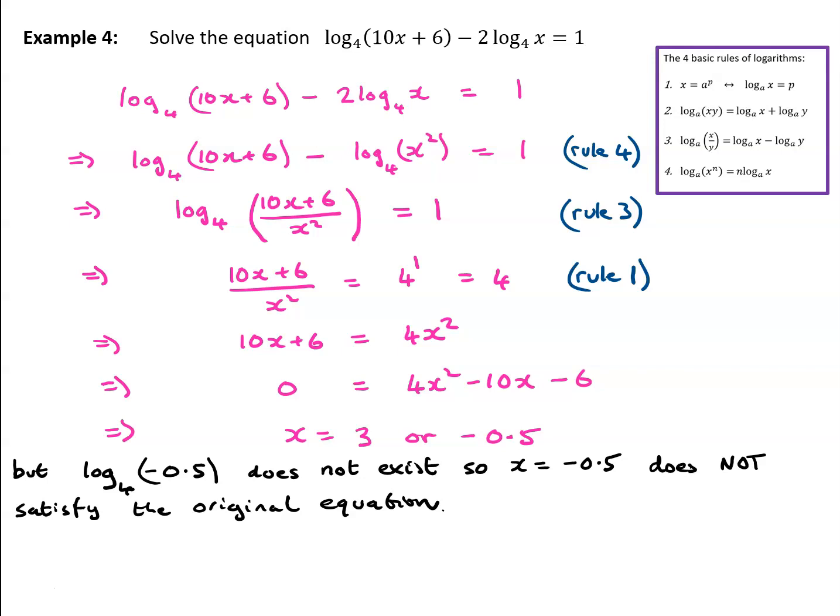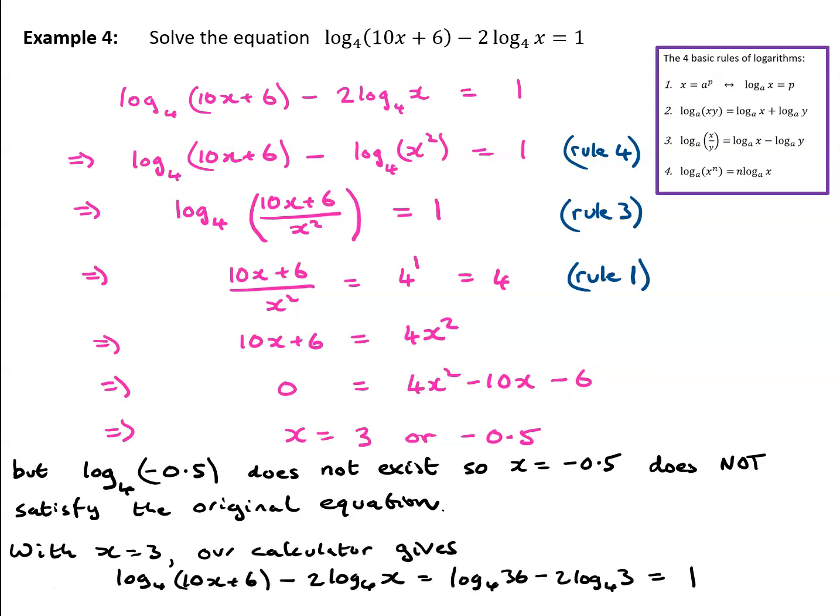So we need to delete that solution. So with x equals 3 on the other hand, log to base 4 of 10x plus 6 minus 2 log to base 4 of x is log to base 4 of 36 minus 2 log to base 4 of 3. Using our calculator or using the properties of logarithms, we can show that that is equal to 1. So the solution to our equation is x equals 3.